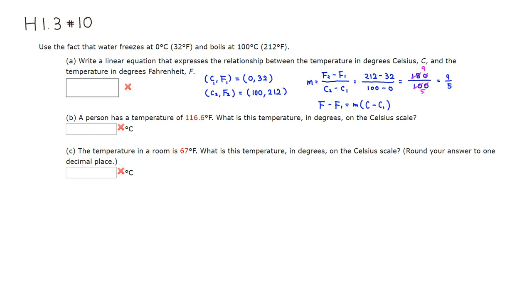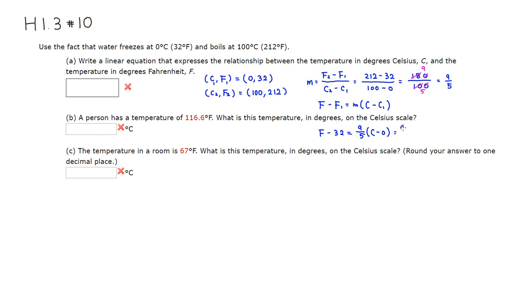We already know F1 is 32, so F minus 32 is equal to 9/5, since we found M to be 9/5, times C minus C1, which is C minus 0.